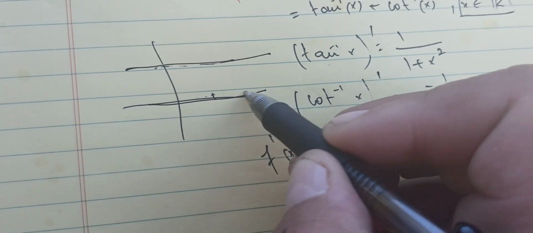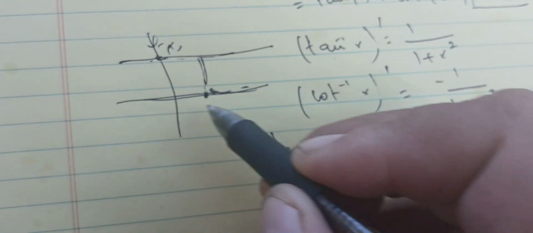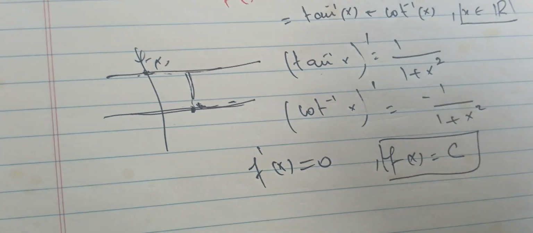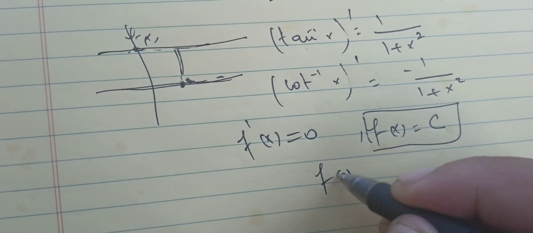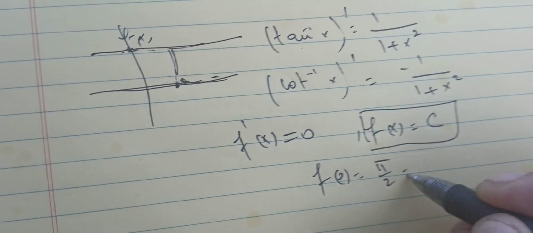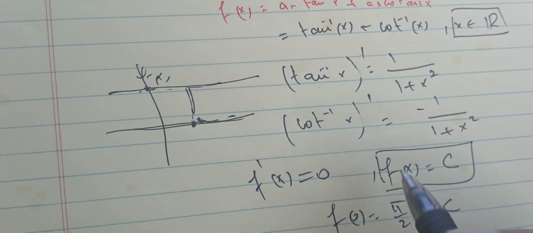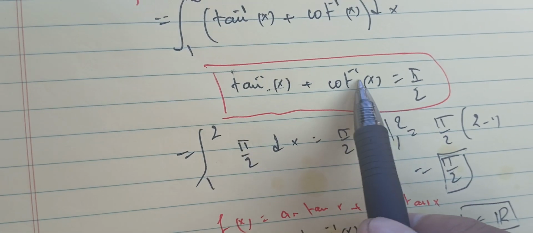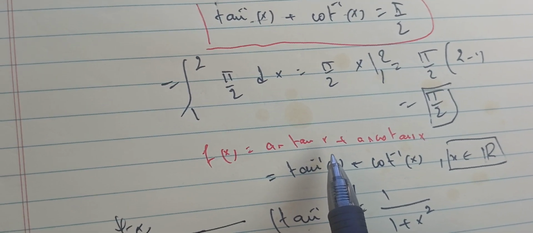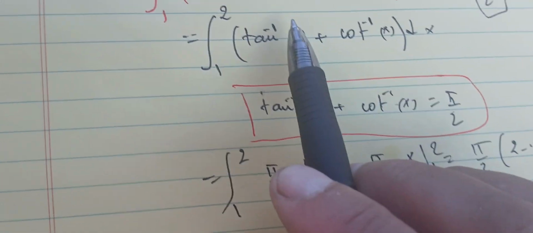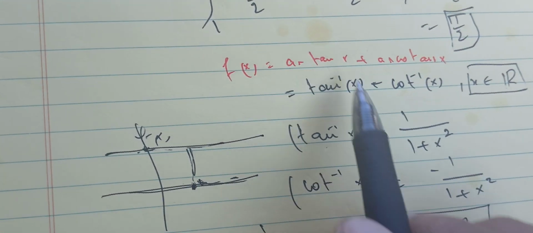No matter what values you give to x, f will be the same. Here we do it for x equals 0, and that means f of 0 is pi over 2. That means our c is pi over 2, and therefore our function f of x is pi over 2. And this is the key to solving this question.